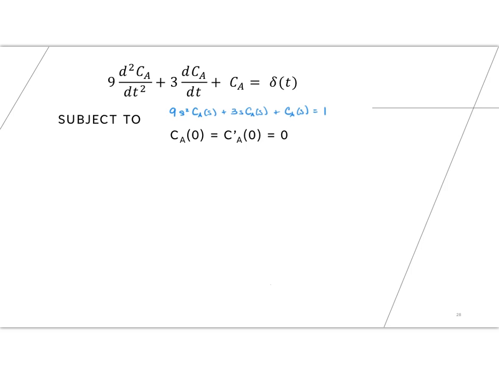And now if I solve for Ca of s, I end up with 1 over 9s squared plus 3s plus 1. All right? Now that doesn't look so bad, except I can't factor it.